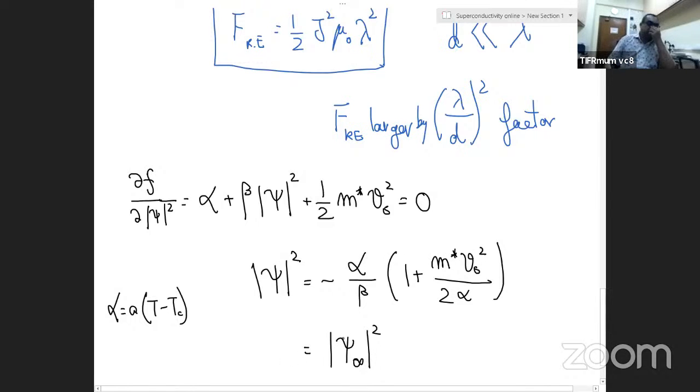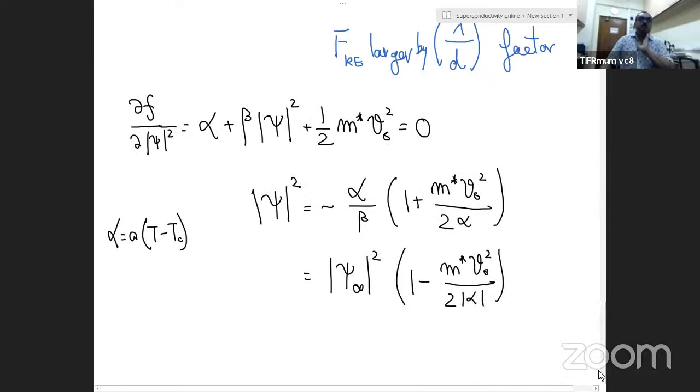So that is nothing but the superfluid density. And then here I can write it in this form so that I have all positive parameters here. All right.